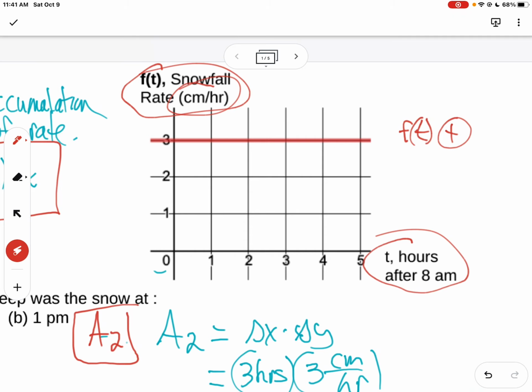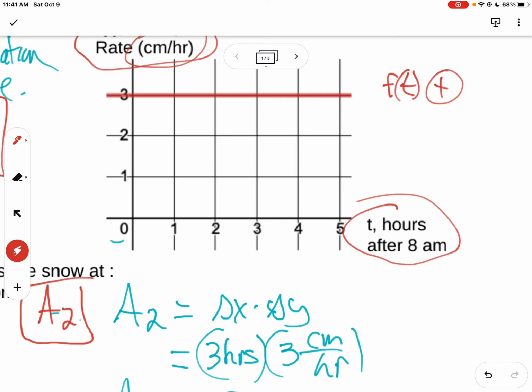What I don't know here is how deep the snow is until I start to read the information in the question. What that means, by the way, is t equals 0 is at 8 a.m., because it's hours after 8 a.m.